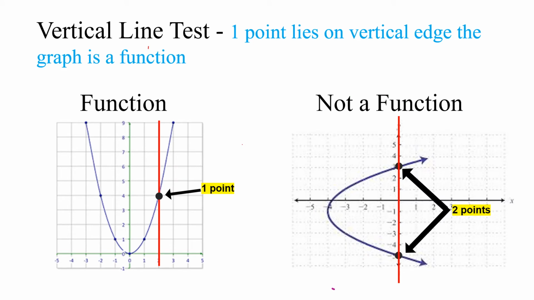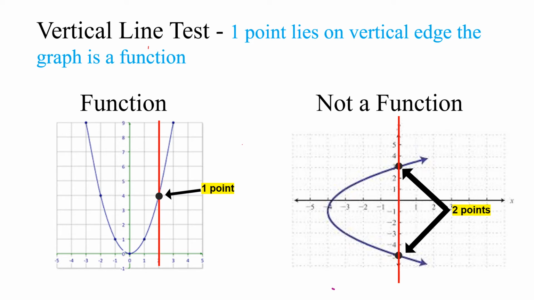When you're looking for whether or not a graph is a function, you want to use what is known as the vertical line test. The vertical line test is a test that we use to determine whether a graph is a function. If you look at the two red lines, these are known as vertical edges.